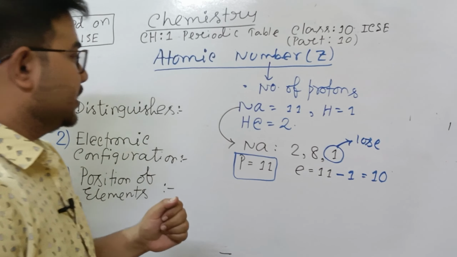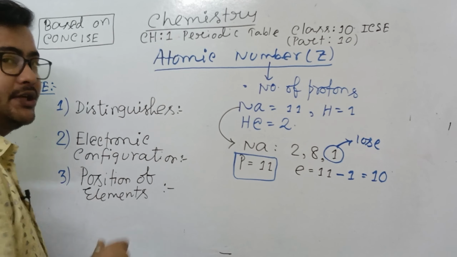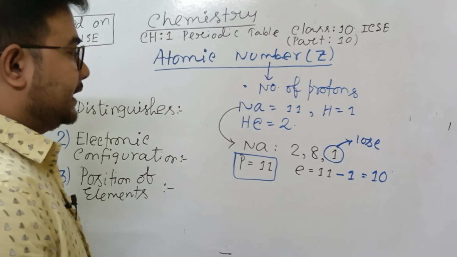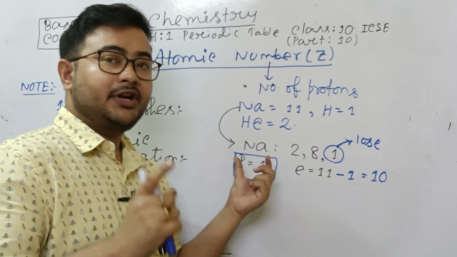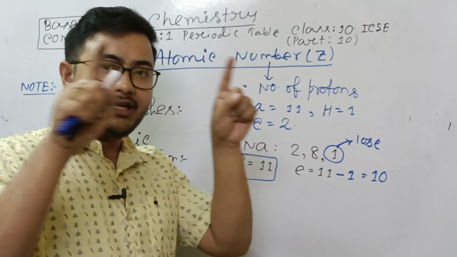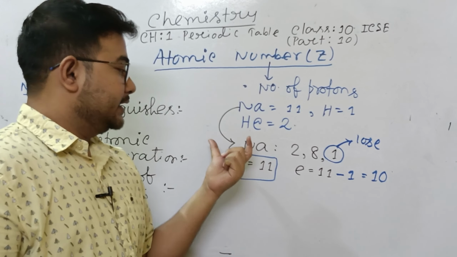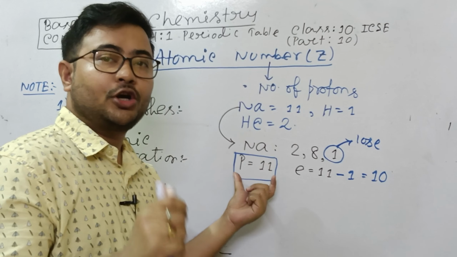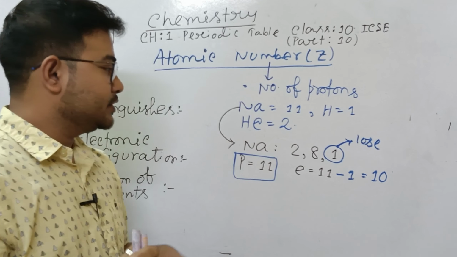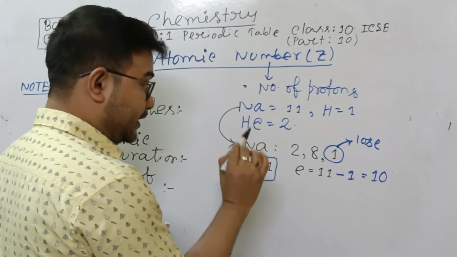Okay, so if you follow the Concise, then some points are given. First, distinguish. Since the number of proton remains constant, all the atoms given in the periodic table have a different number of proton present in the nucleus. Suppose, tell me, in case of magnesium, look at the board.